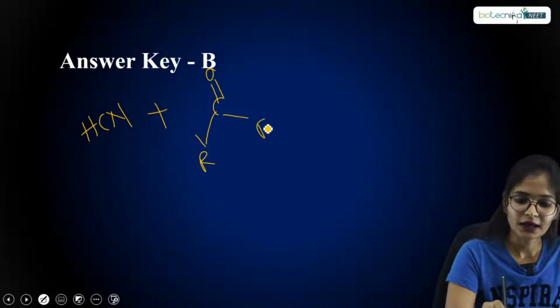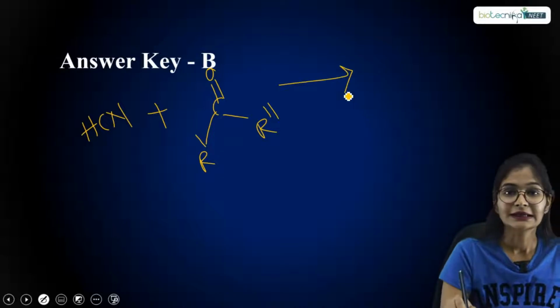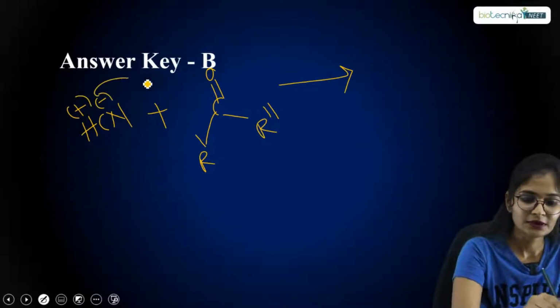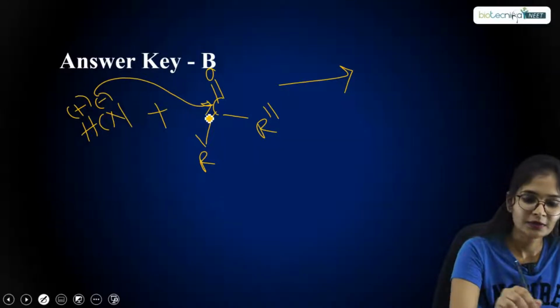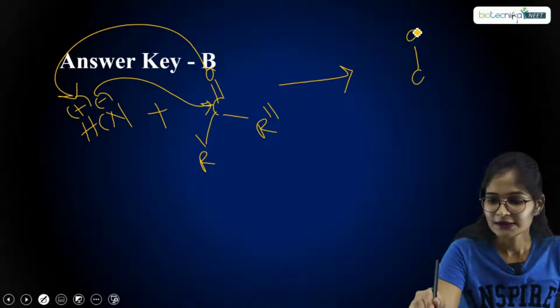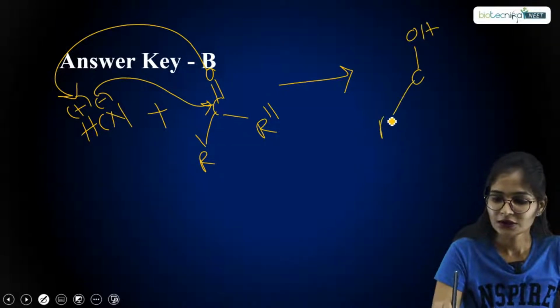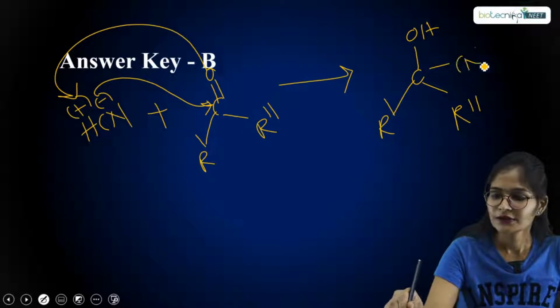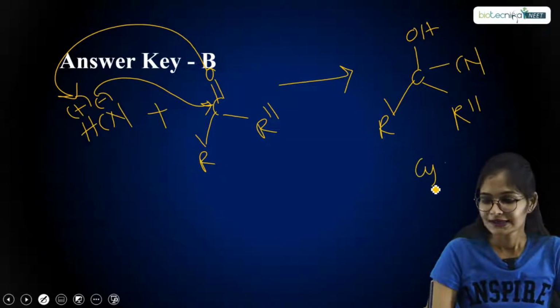So R dash and R double dash you have, and again here you split HCN into H plus and CN minus. CN minus will attack the carbonyl carbon center, and oxygen will grab this proton. Now you can see OH overall here, with R dash, R double dash and CN. So this is your cyanohydrin, right?